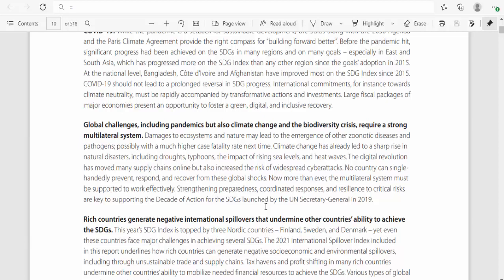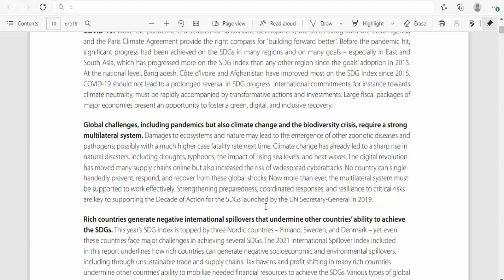Damages to ecosystems and nature may lead to the emergence of zoonotic disease and pathogens, possibly with a much higher case fatality rate next time. Climate change has already led to a sharp rise in natural disasters, including droughts, typhoons, the impact of rising sea levels, and heat waves. The digital revolution has moved many supply chains online but also increased the risk of widespread cyber attacks.